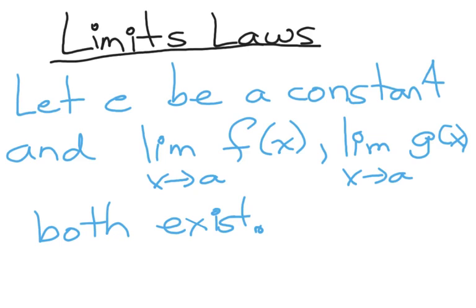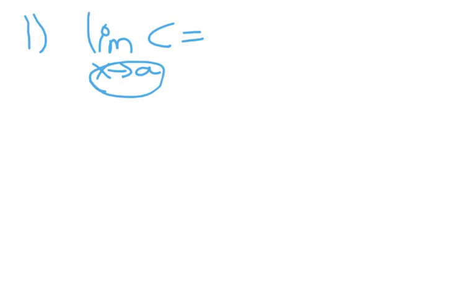All right, so our first limit law that we're going to be talking about is the limit of a constant. So remember, whenever we're dealing with a limit, we're asking what is the y value getting close to as the x values get close to a. So what are the y values getting close to?